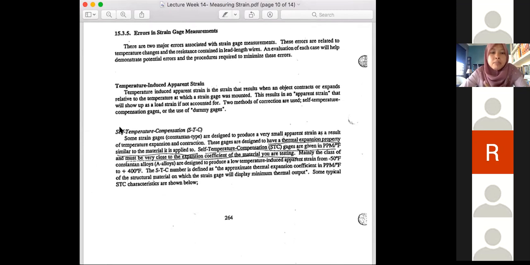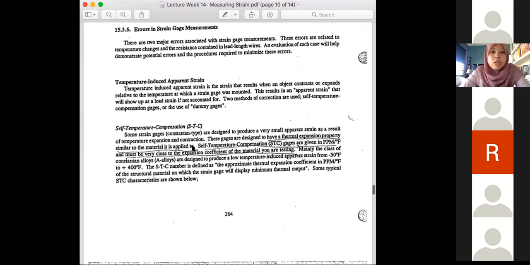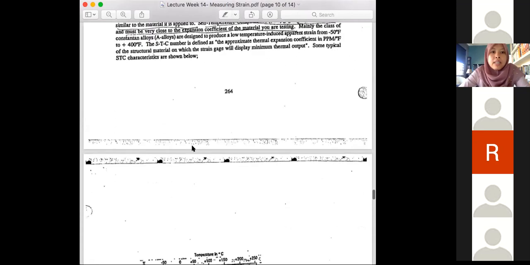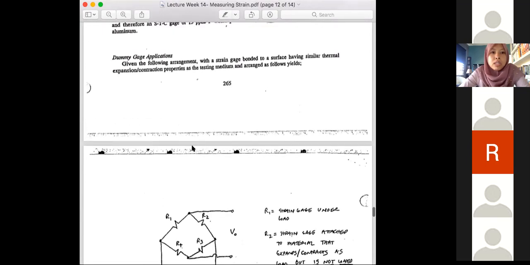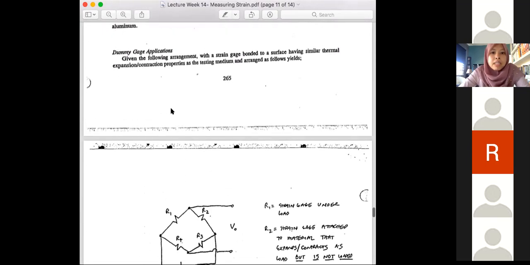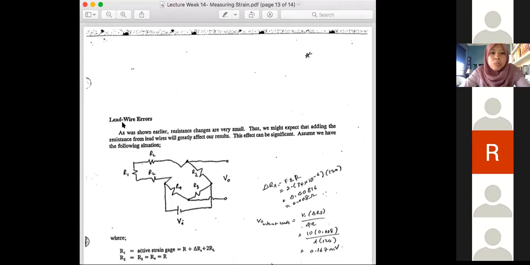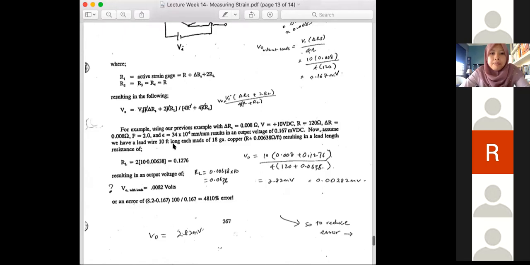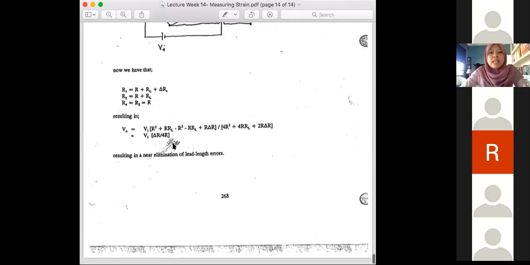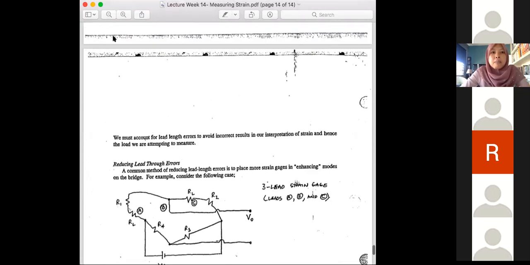Another error yang can happen in strain gauge measurement is STC ni. So there will be a group that will cover the STC and also the lead wire errors ataupun lead length effect. Okay, so that's basically all about the measuring strain punya lecture note.